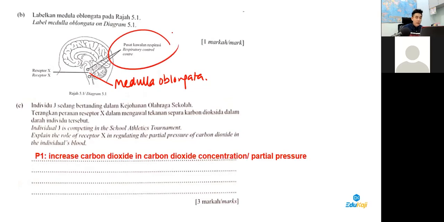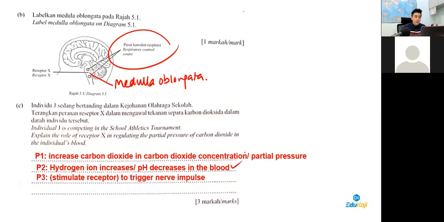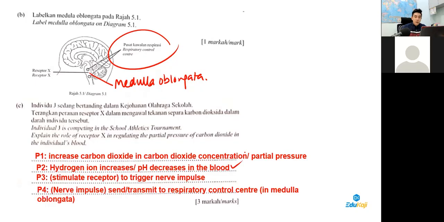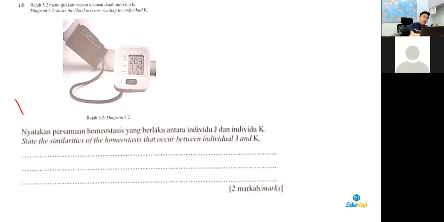When individual J is competing, there's a higher concentration of CO2, or you can use the word partial pressure. In the exam, whether you use partial pressure or concentration, they are not too strict. So pH decreases. This stimulates the respiratory center in the medulla. You can draw one star for C.